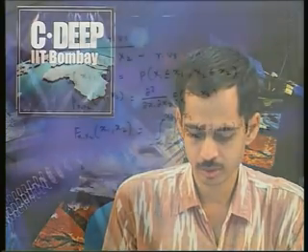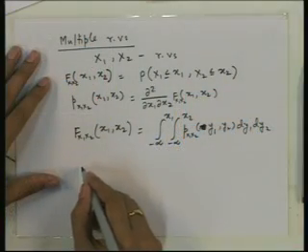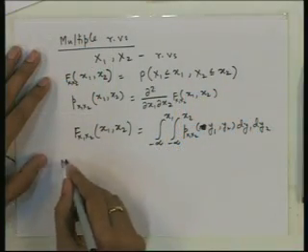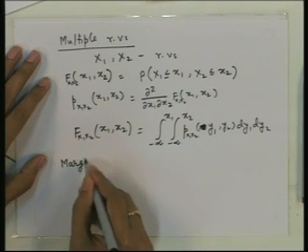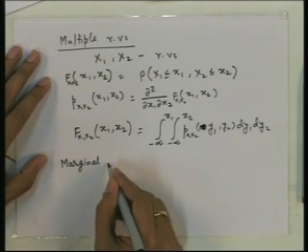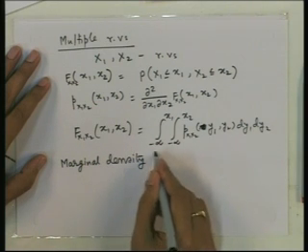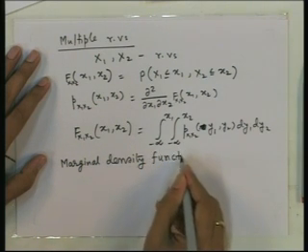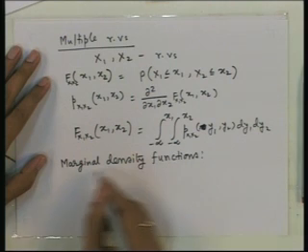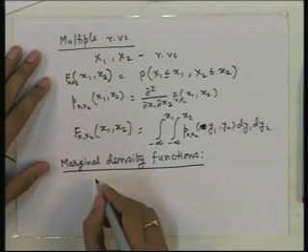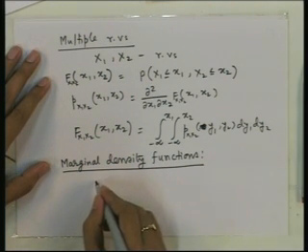So the way to get them is as follows. The marginal densities can be obtained as follows.